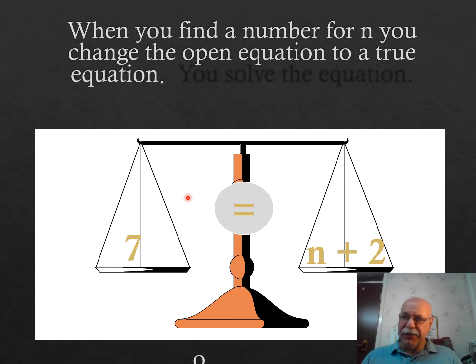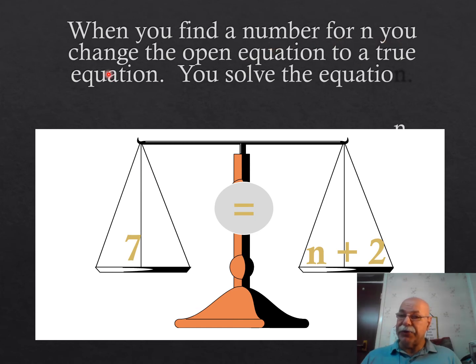When you find a number that changes the open equation to a truth equation, you solve the equation. We change the letter to a number so that both sides become balanced, and we transfer the open equation to the truth equation.